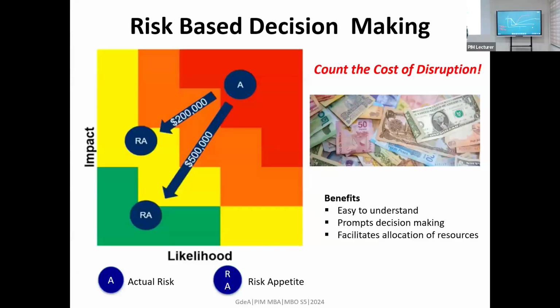And remember I mentioned earlier about the risk appetite. If you're here in the red zone, you need to go to the board and explain, I had to de-risk this. Moving this risk to the yellow or amber zone will cost me $200,000.